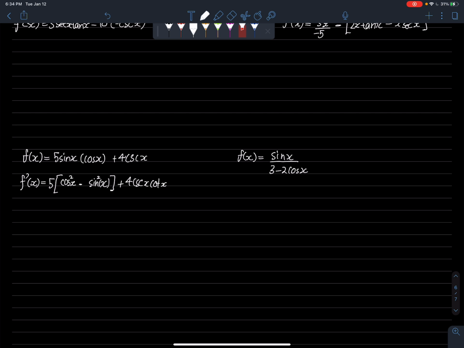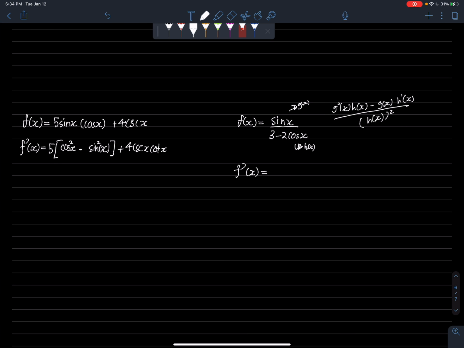Here we have a quotient rule one. F prime of x is equal to the derivative of the top part, so this is our g of x and this is our h of x, and what we're looking for is g prime of x, h of x minus g of x, h prime of x, over h of x squared.